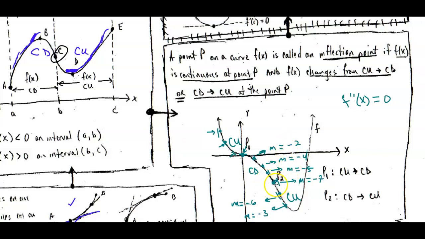So the most negative the slope of the tangent lines gets at point P2 would be -7, whereas in the other case, where concavity switched, the slope went to 0. Those are two different instances where you would see concavity switch.